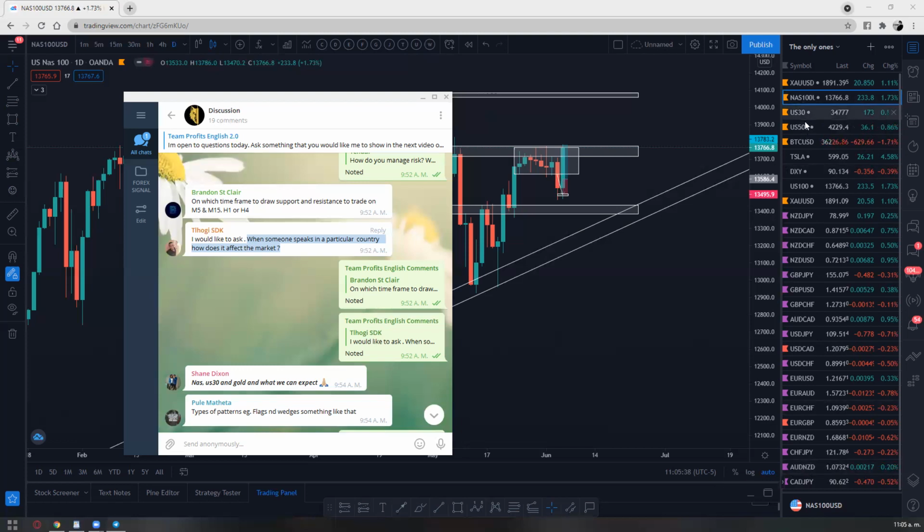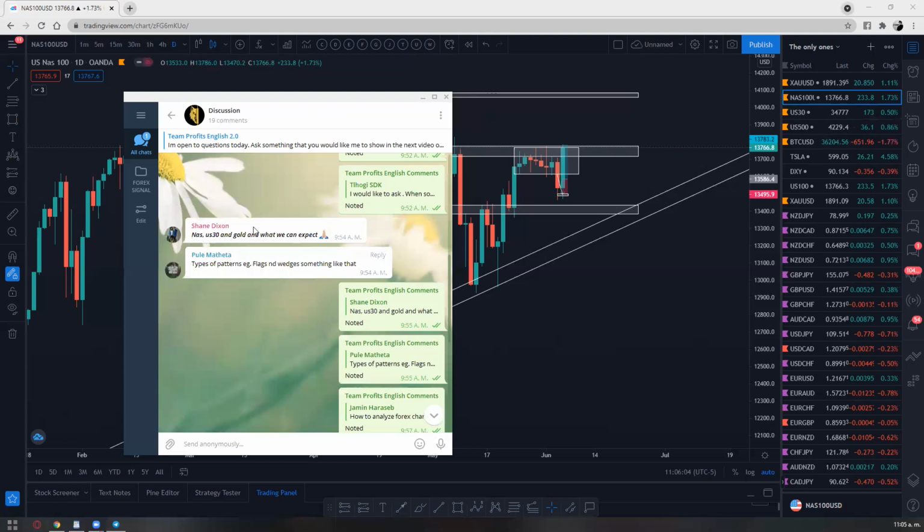It may affect some of this, but usually it affects the currencies. And they have their own index. I think in Europe they have the UK 100. So whenever something happens in the UK, it may affect the UK 100, but not the Nasdaq or the US 30. So it's more of a region or section. It depends on where you're located.